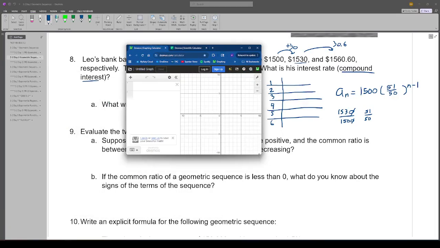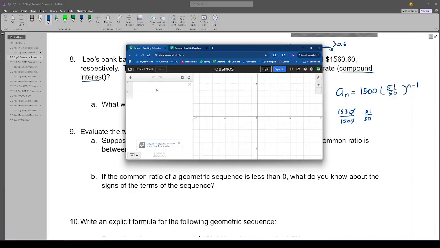Okay, Desmos. So we're going to use this formula. Instead of a_n, we can put y equals, or we can just put the right-hand side because Desmos knows that we mean y equals. So I'm going to put 1500 parentheses 51 over 50. It's important we put the parentheses there to make sure that the entire ratio is raised to the exponent and not just the 51 or the 50 individually.